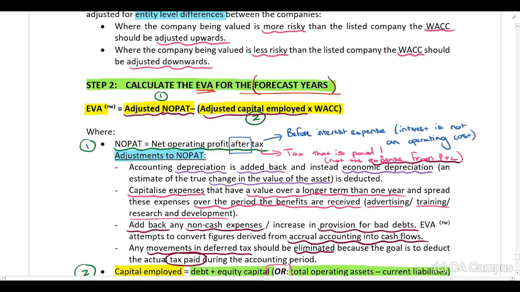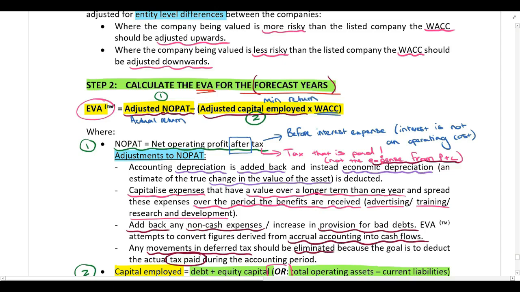Now please note, what does EVA tell us? It's the economic value added. Remember, if we calculate a positive EVA, that means value has been created. And if we have a negative EVA, that means value has been destroyed. Because if you look at what goes into this calculation, we are comparing our actual return to the minimum return that our investors want.